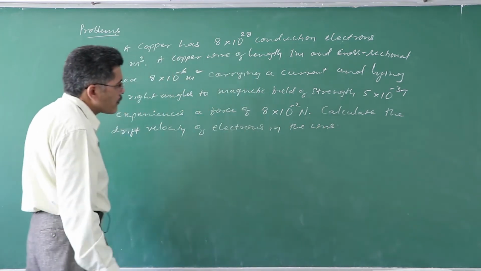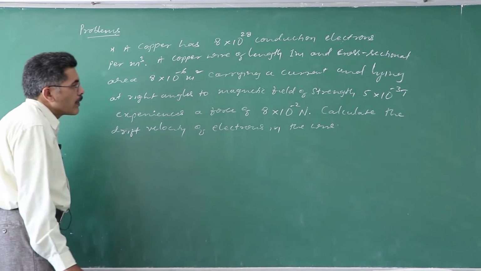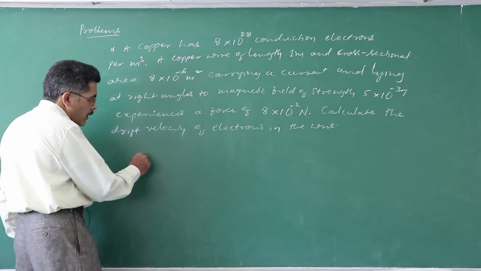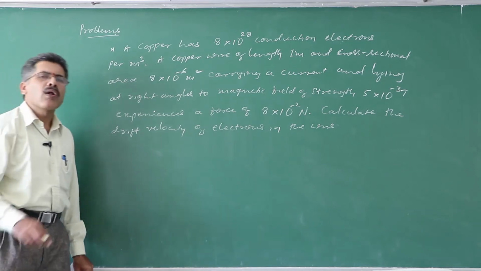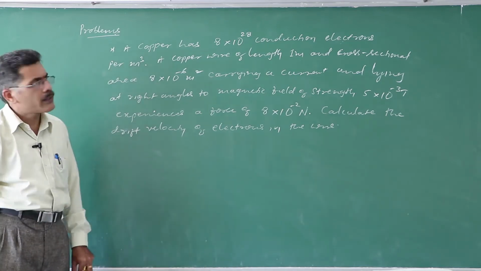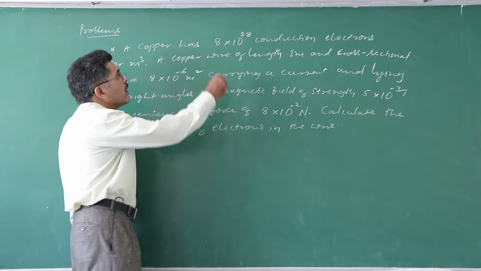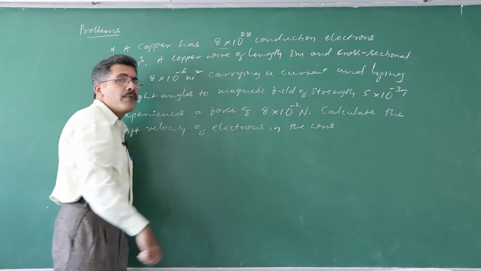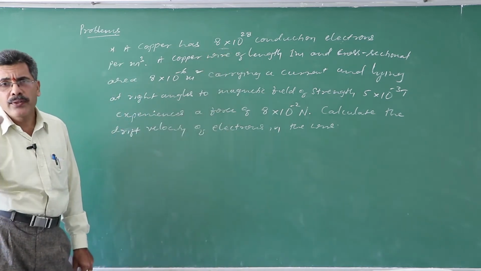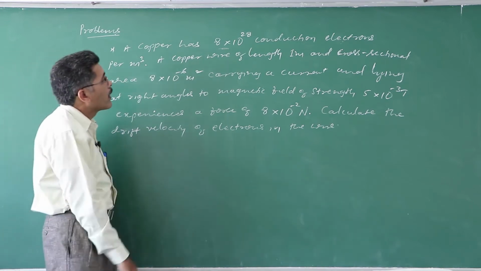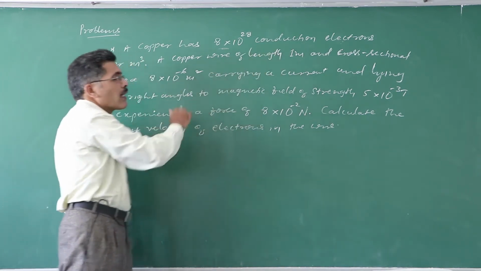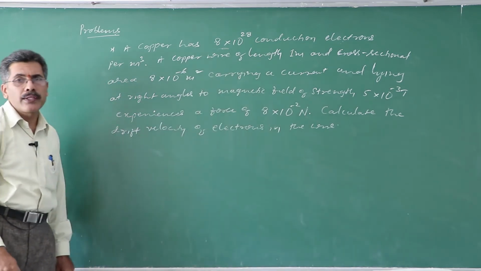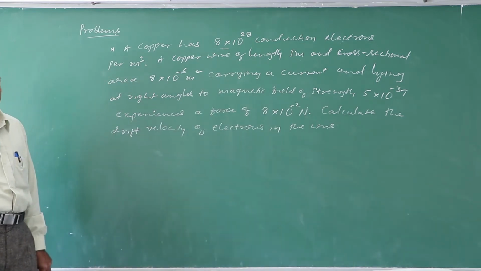See here, the charge is given by, so you know that in a conductor there are a large number of free electrons. They have given the free electron density, how many electrons are present in a cubic meter. And the conductor is having a length 1 meter, having cross sectional area 8 into 10 raised to minus 6. It is carrying current.